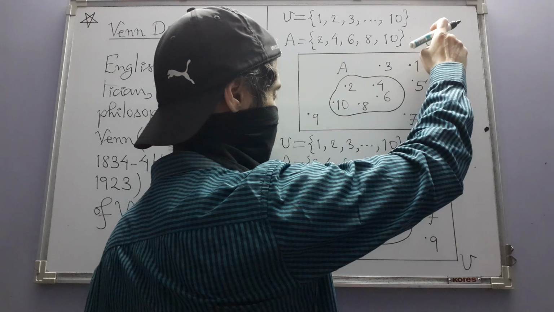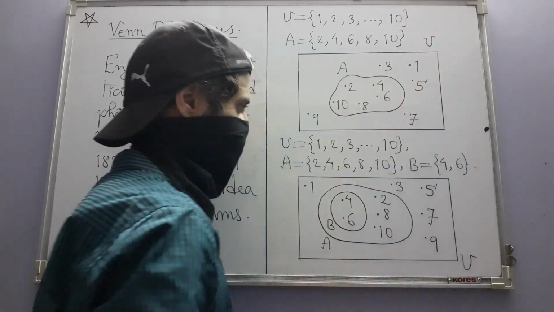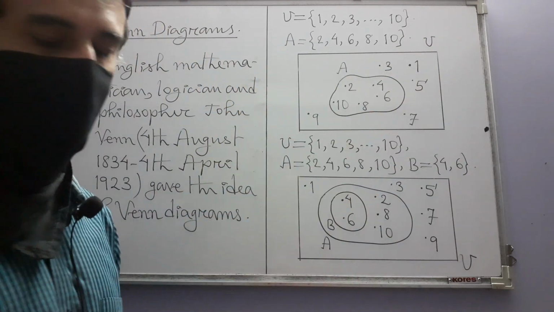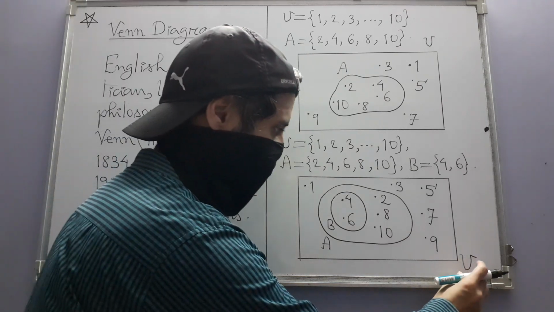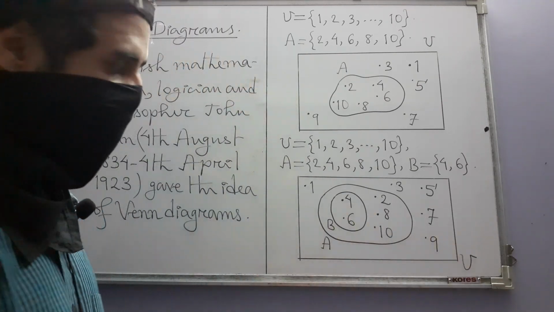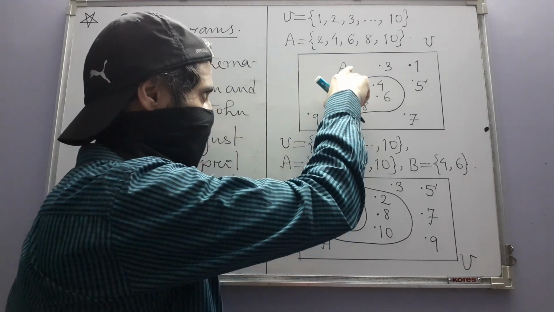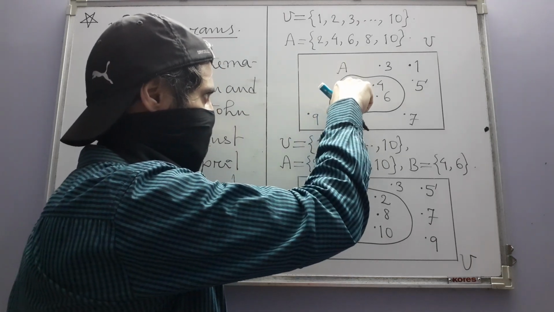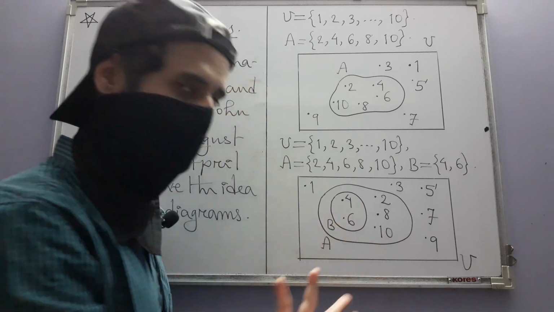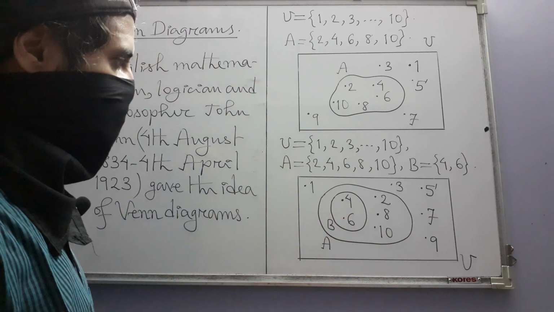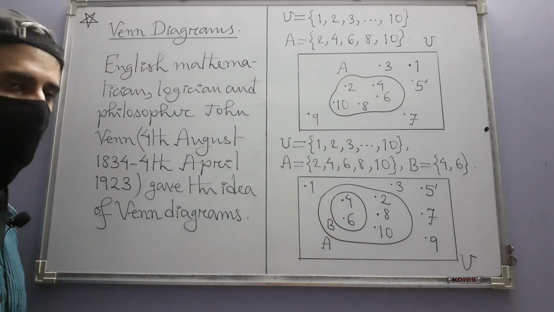For example, here we have written U in the top right corner, and here in the bottom right corner. It should be somewhat close to the region. Similarly, A has been written just beside this region, outside the region, and B also in the second case. So these are Venn diagrams.